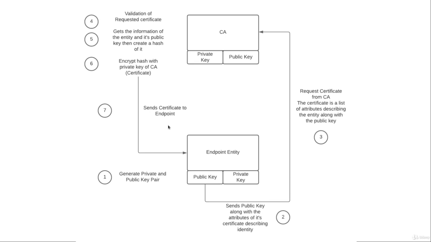The certificate is nothing more than the information about the endpoint entity and its public key, hashed and encrypted by a trusted third party. In other words, this is referred to as a digital signature. The certificate of authority now sends this information to the endpoint.